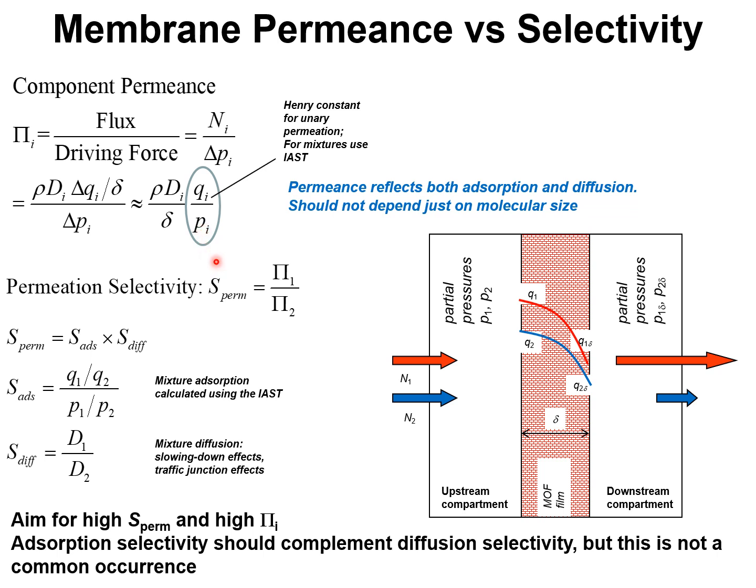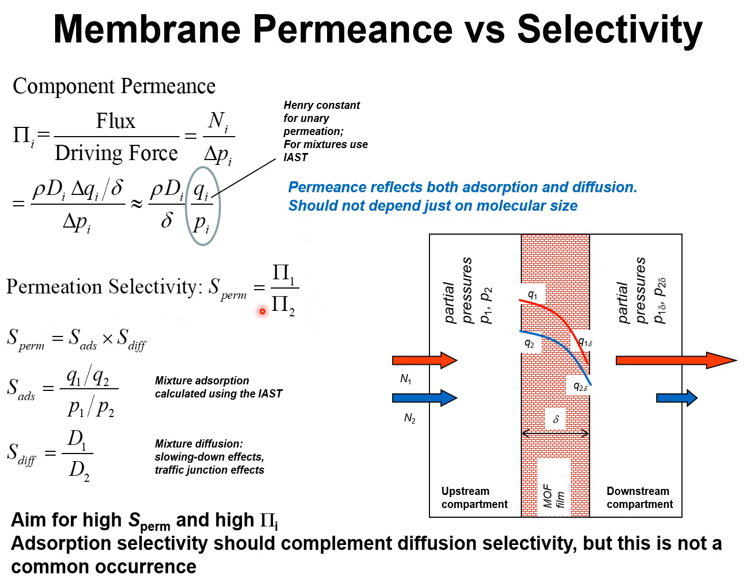If we have a unary system, Q divided by P is the Henry constant. For a binary mixture, or say a ternary mixture, the ratio of Q divided by P is to be determined from the ideal adsorbed solution theory.